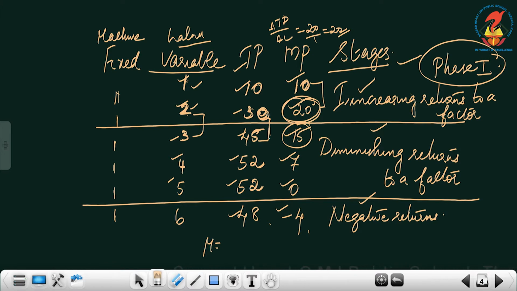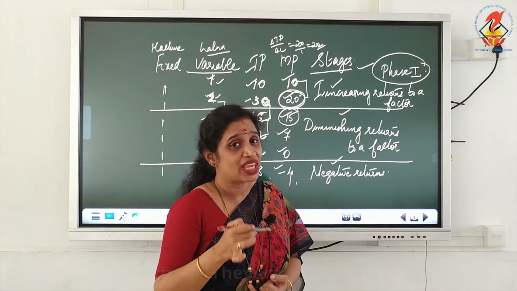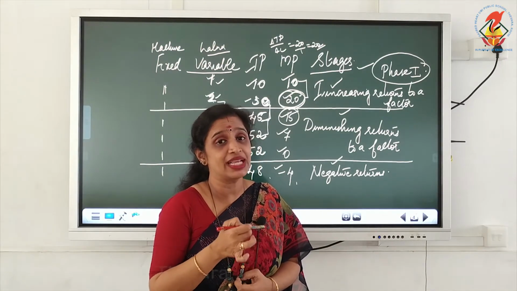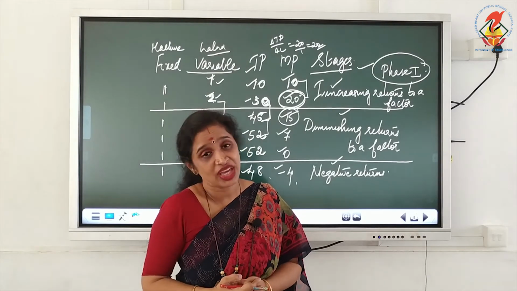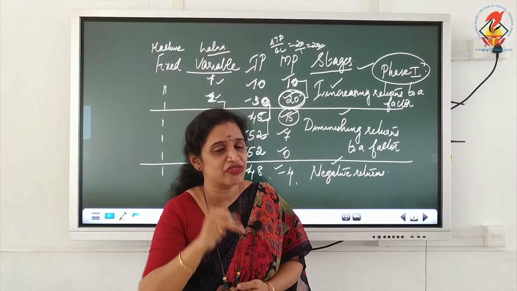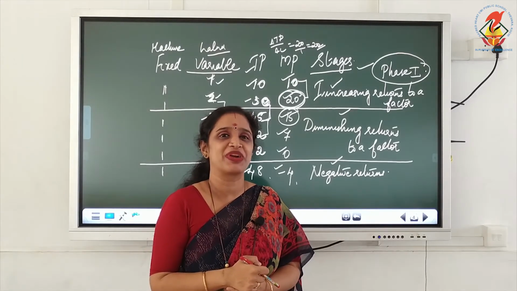From 30 to 45, the increment is 15. Next, from 45 to 52, the increment is 7. So we can say that total productivity is increasing but at a decreasing rate. This is the second part of the law of variable proportion, corresponding to the behavior of total productivity.